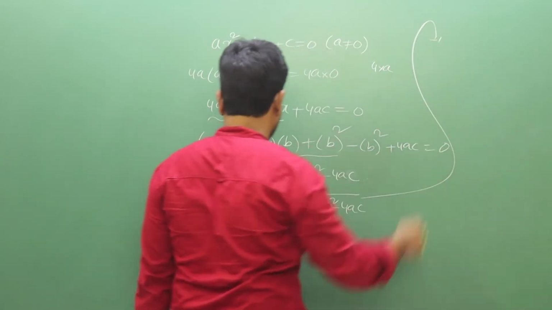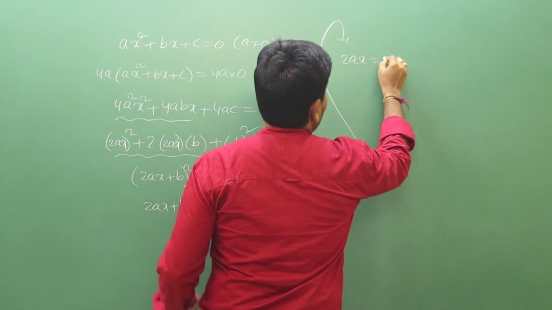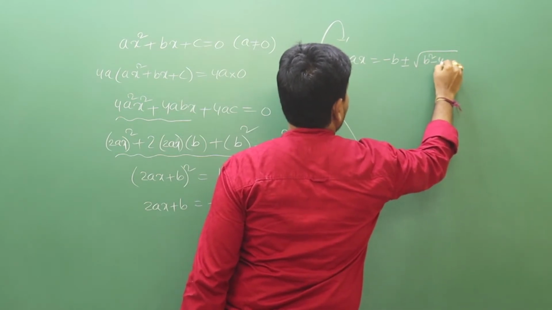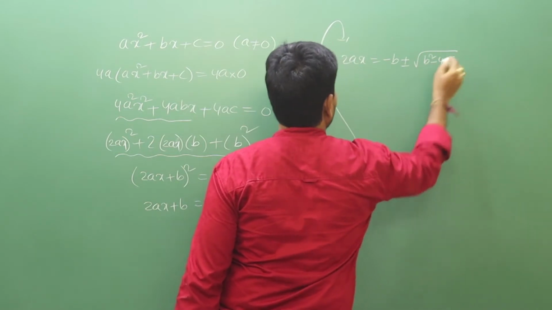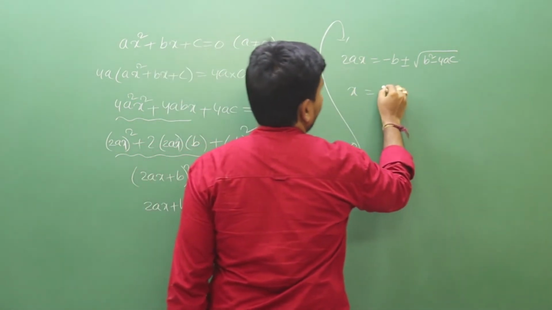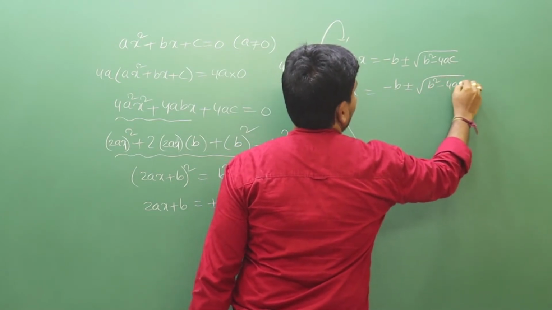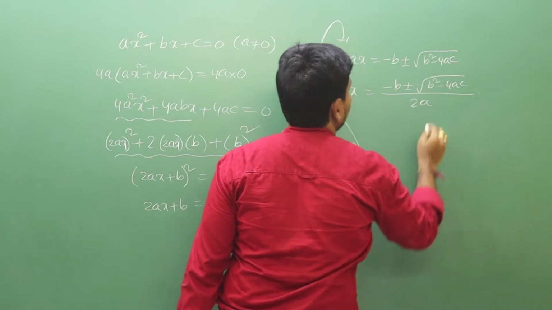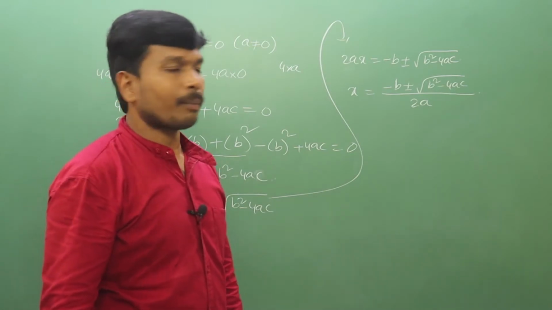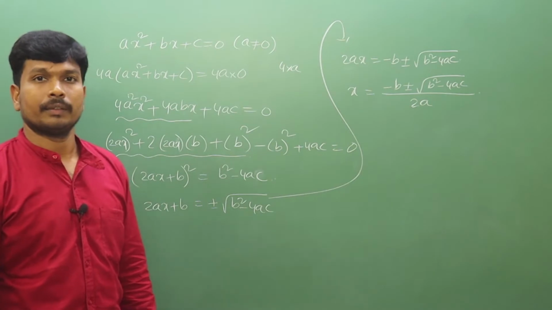Now 2ax is equal to, transposing plus b to the right side, minus b plus or minus root over b square minus 4ac. Now x is equal to, sending 2a to that side, minus b plus or minus root b square minus 4ac whole by 2a. x is equal to minus b plus or minus root over b square minus 4ac by 2a.